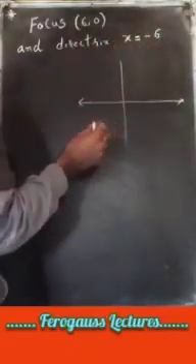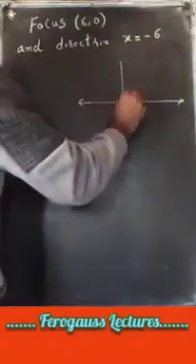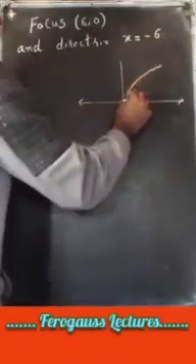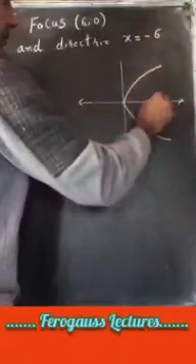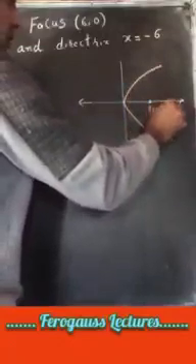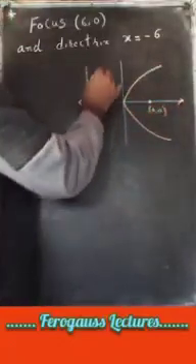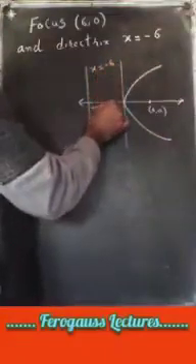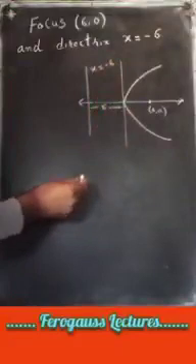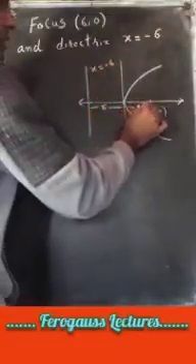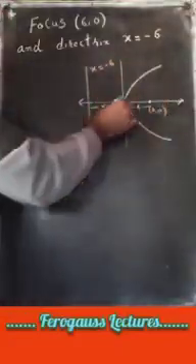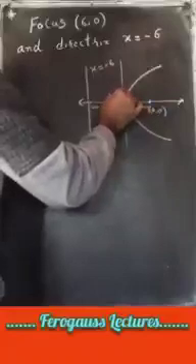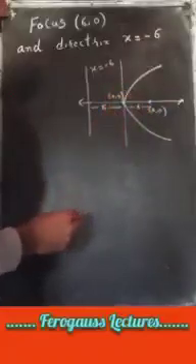That means the vertex of the parabola is at origin. So the focus is (6, 0), and the directrix is x equals minus 6. That means this distance is equal to 6, and this is also equal to 6. Thus the vertex is at origin, that is at (0, 0).